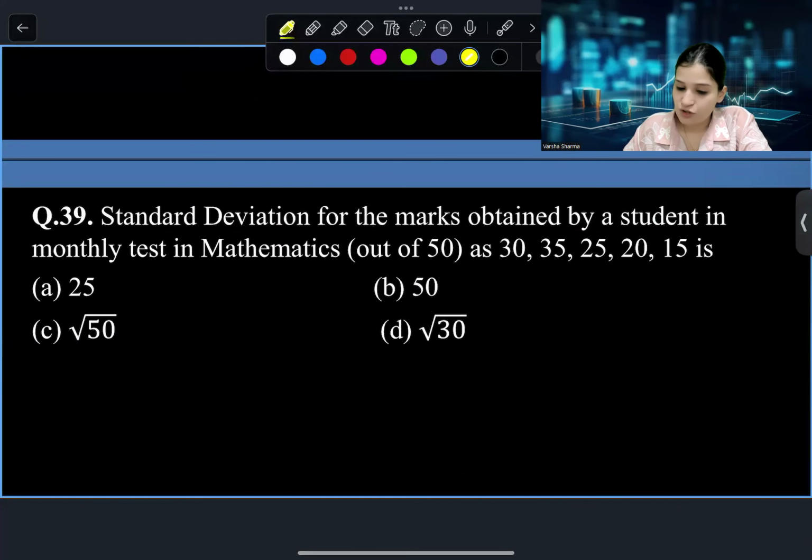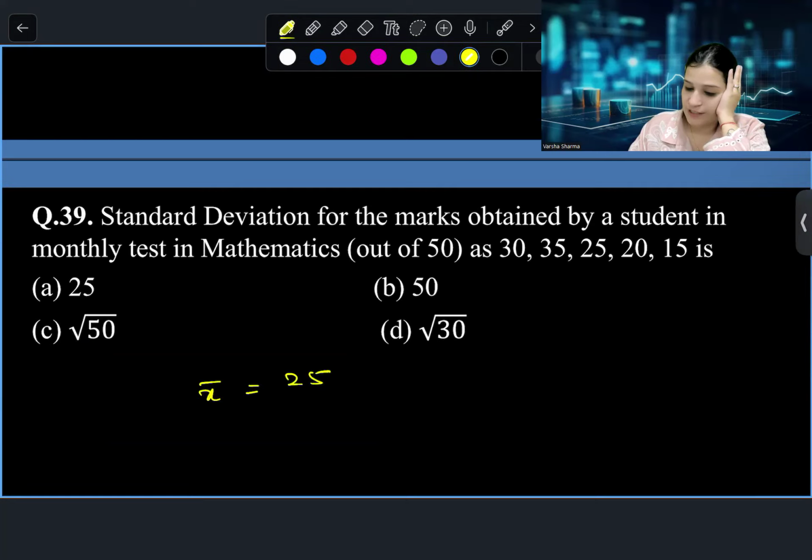Standard deviation for the marks obtained by the student out of 50. What is the mean? 25. Then standard deviation will be root over x minus 25 whole square by number of terms.